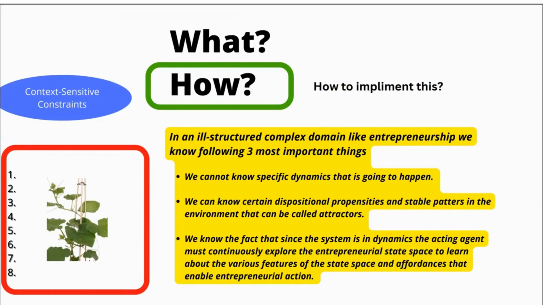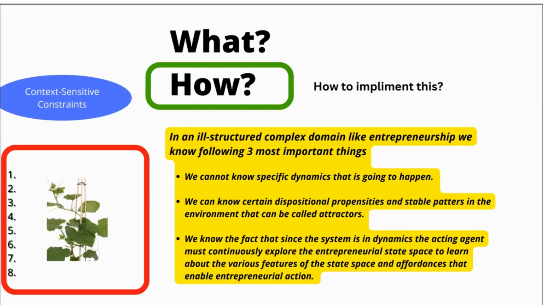In an ill-structured, complex domain like entrepreneurship, we know the following three important things. We clearly know that we cannot know the specific dynamics that are going to happen. We can know certain dispositional propensities or stable patterns in the environment that can be called attractors, which will be discussed in a while.